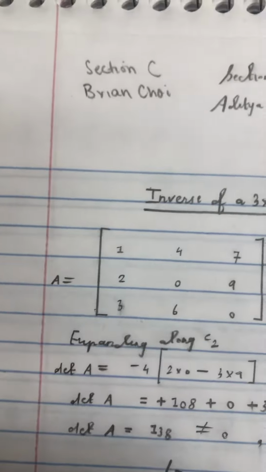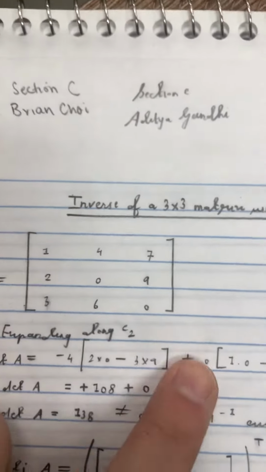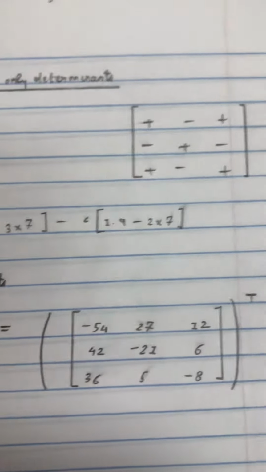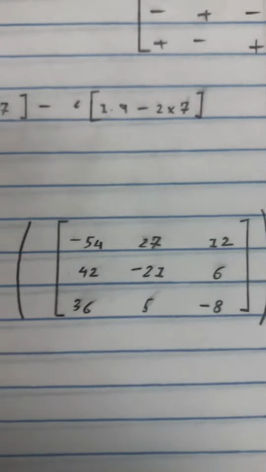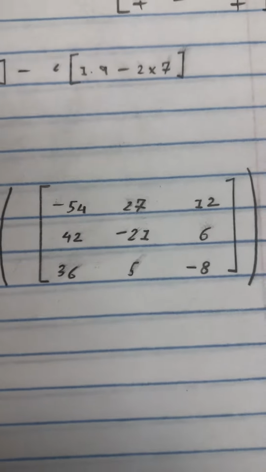And then for the second one, you can do 2 times 0, which is 0, minus 27. But then you also want to make sure that there's a negative in front, which makes that positive 27. And you're going to do that so on for all of the other entries so that you get this matrix right here as your cofactor matrix for your matrix A.